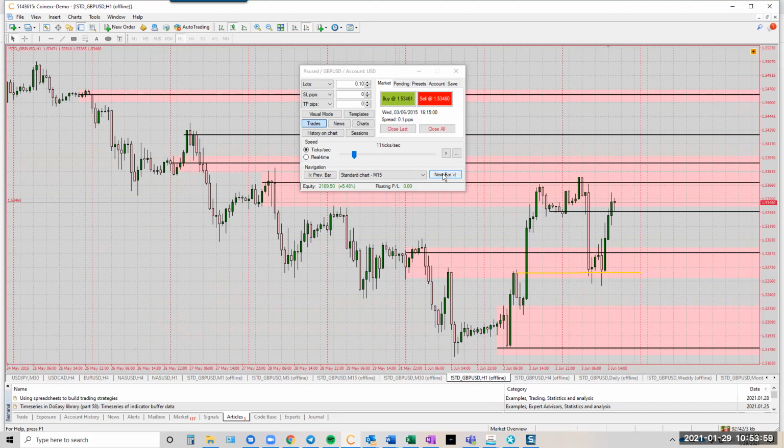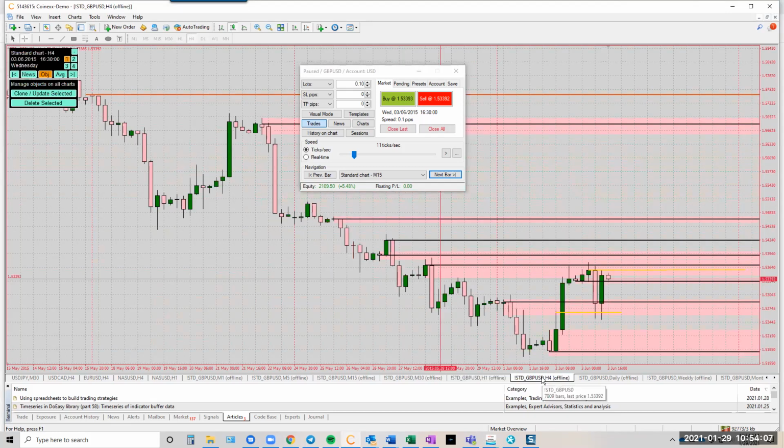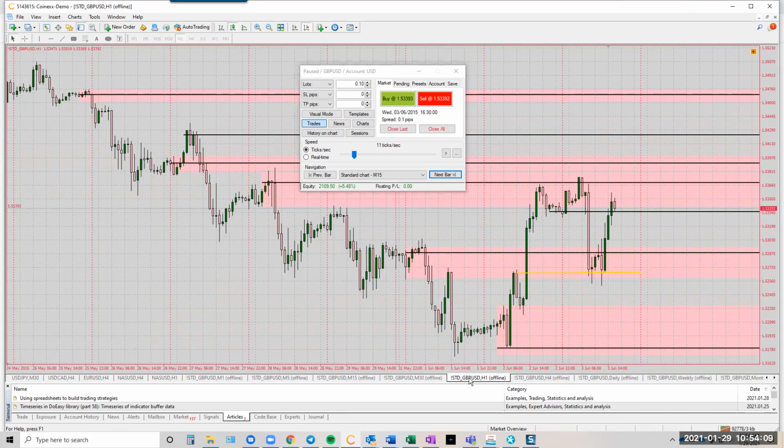Let's give it one more simple gate. Okay, there's my pattern. There is my pattern to go down. Let's go to my 4 and see it there. My 1 hour, I'm also seeing my pattern to go down.